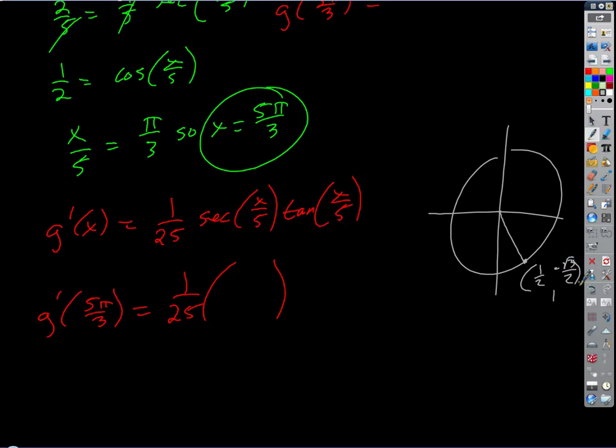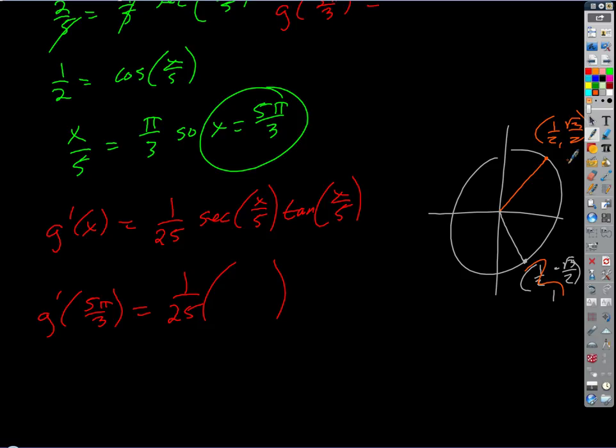Okay, good. So then we end up with secant of, oh, hang on, secant of x over 5, so that's pi thirds. Whoops, so that puts us up here, right? Because we're plugging in a value of x, and we're getting back secant of x over 5, right? So if we multiply that by 1/5, we get pi thirds. So strike that. We're at the point 1/2, root 3 over 2.